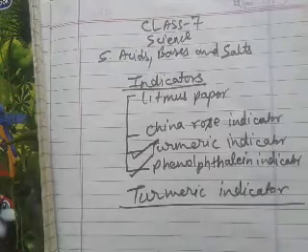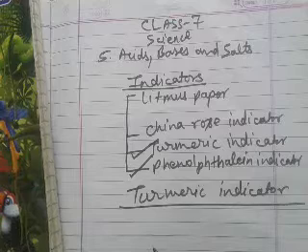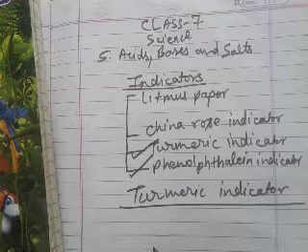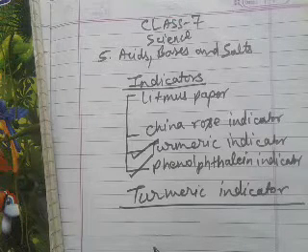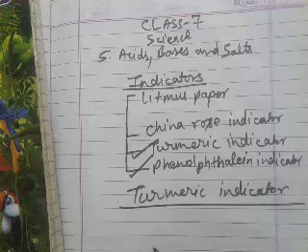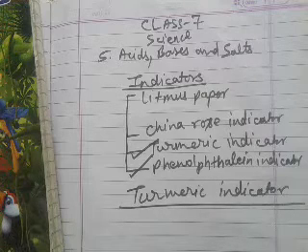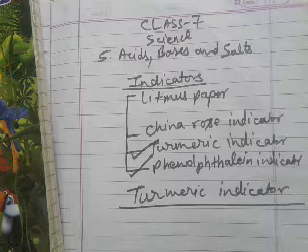How do we obtain this turmeric indicator from a natural substance?